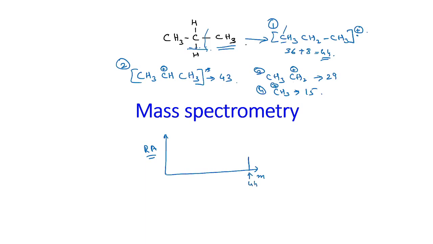Then at 43, this is a secondary carbocation, and the secondary carbocation has a larger abundance.